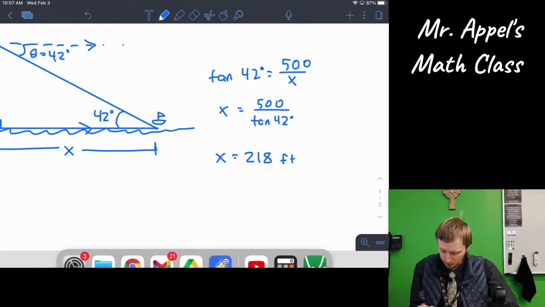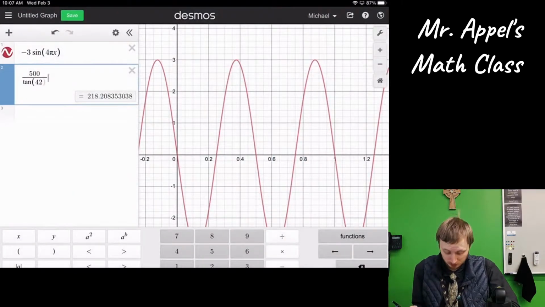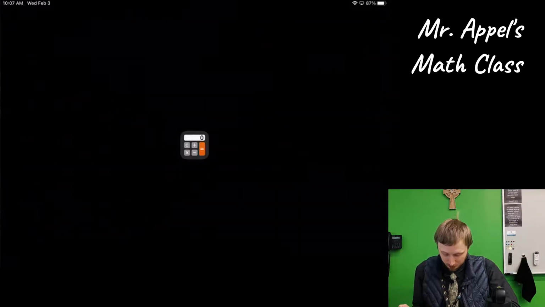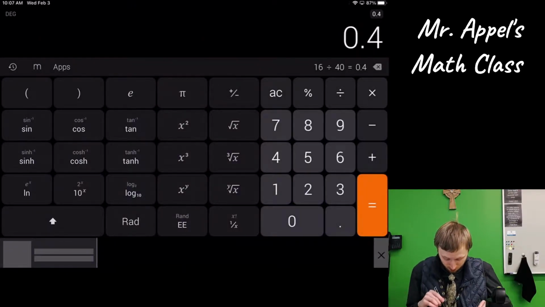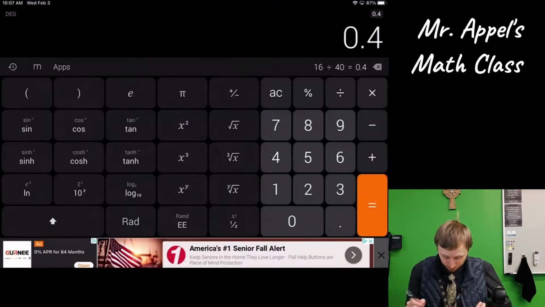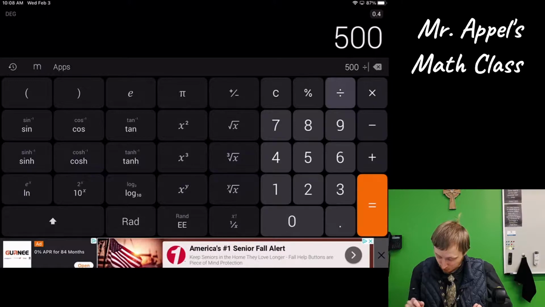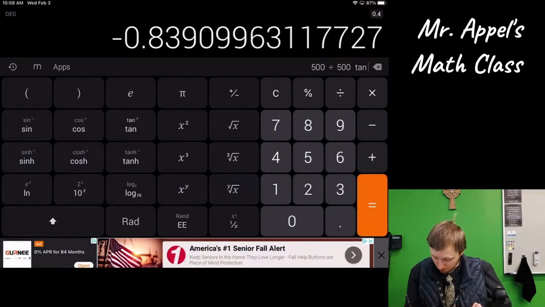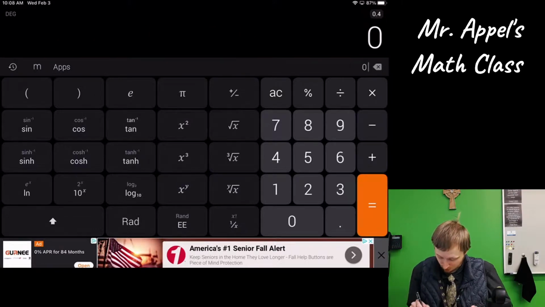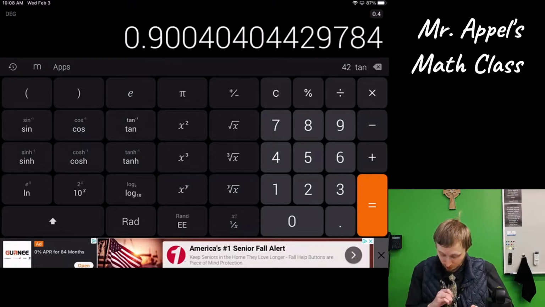Whoops. Desmos, what are you doing to me? That's probably not in degrees. Let's check. Let's see if we can do it with this one. I think this has trig functions. 500 divided by the tangent. If I type 42, then tangent, okay, that's the tangent of 42.